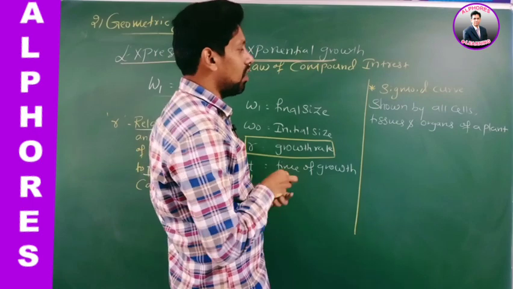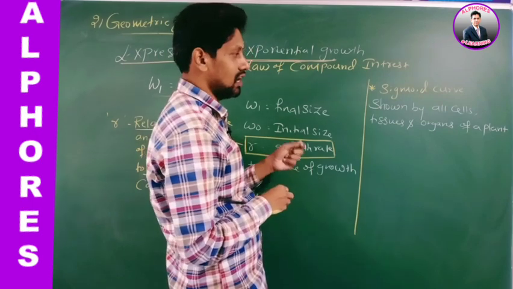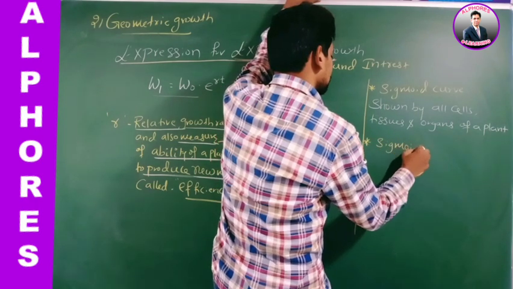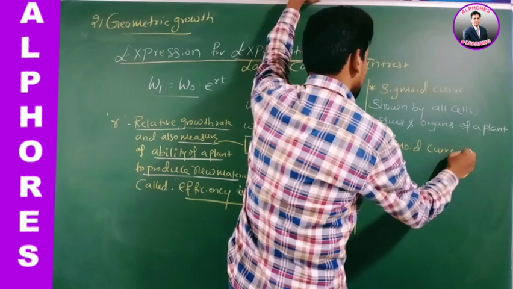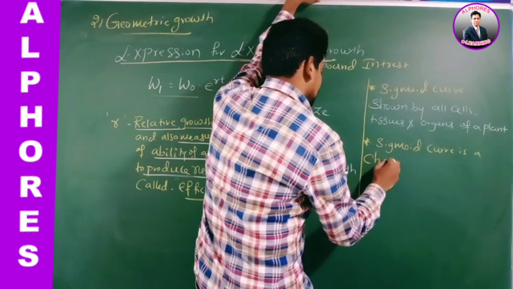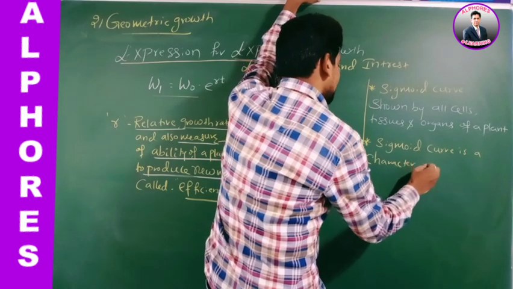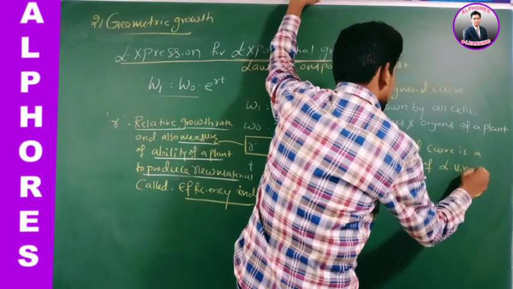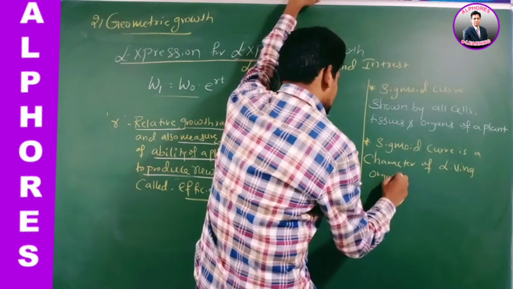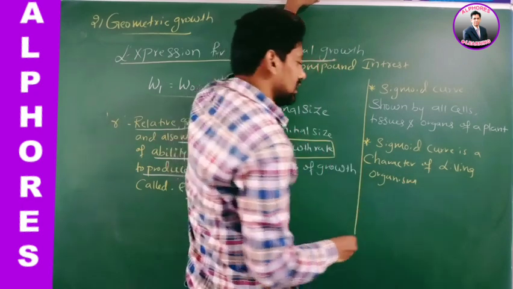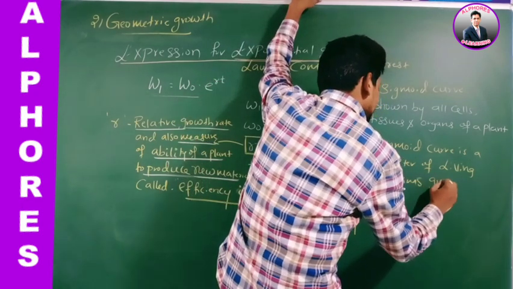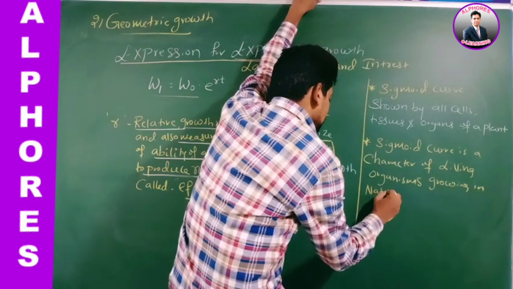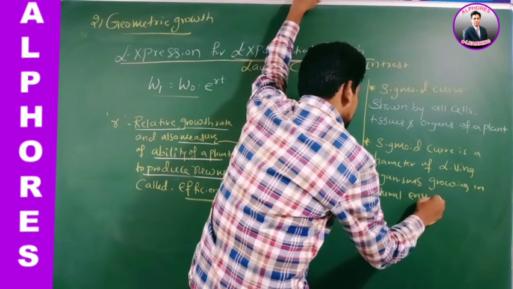The sigmoid curve is a character of living organisms growing in a natural environment.